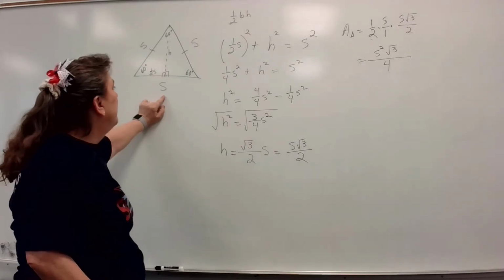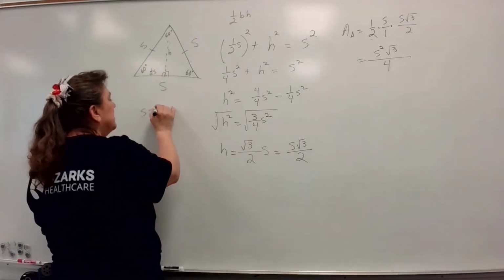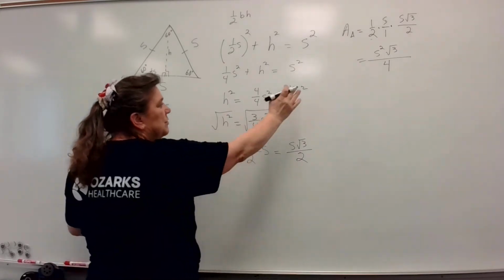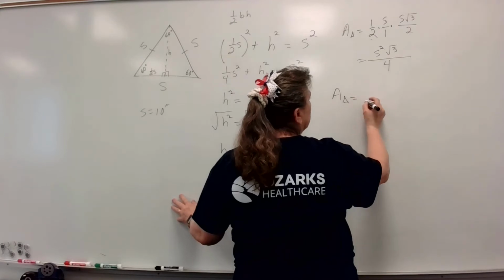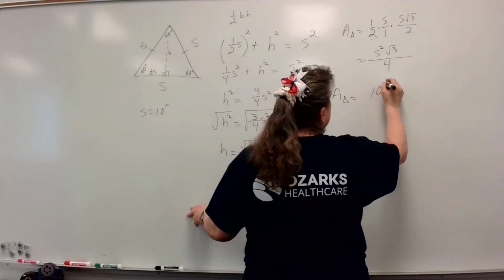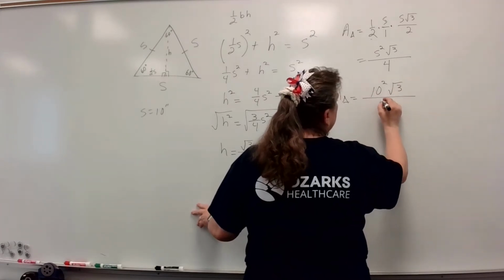So, if I said my side was 10 inches, okay, let S equal 10 inches. All I have to do is plug it in here. The area of my equilateral triangle is equal to 10 squared times the square root of 3 over 4.